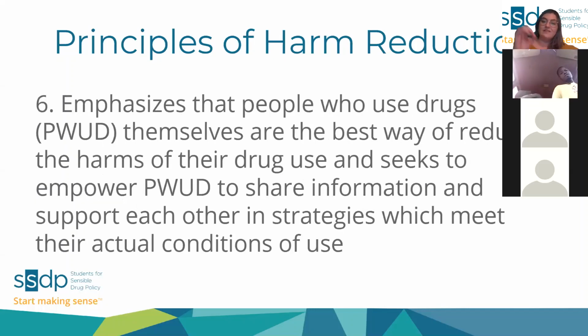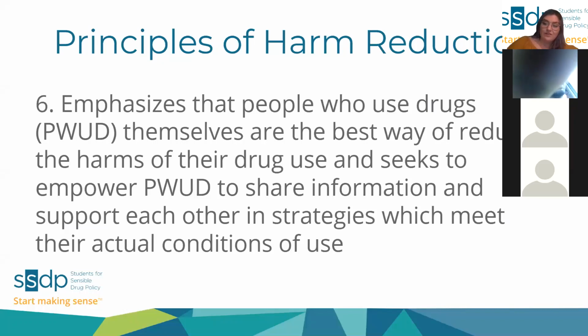So the sixth principle is that harm reduction emphasizes that people who use drugs themselves are the best way of reducing the harms of their drug use, and seeks to empower people who use drugs to share information and support each other in strategies which meet their actual conditions of use.